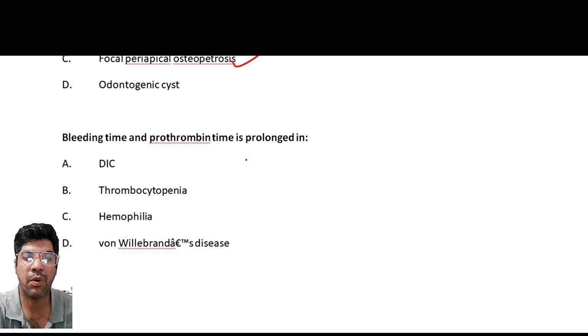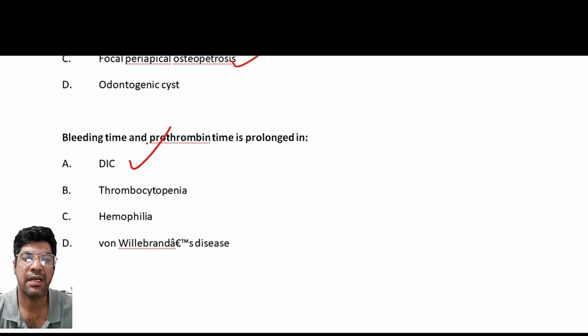Bleeding time and prothrombin time are prolonged in, the answer is DIC. Due to the consumption of clotting factors, bleeding time and prothrombin time are prolonged. Here there is activation of the coagulation cascade that leads to consumption of clotting factors and platelets.